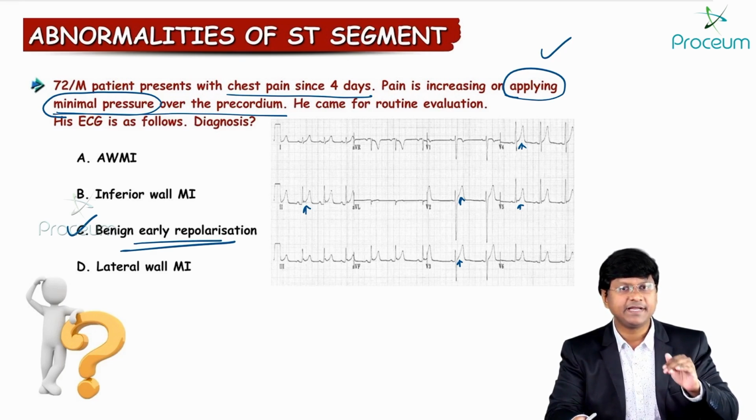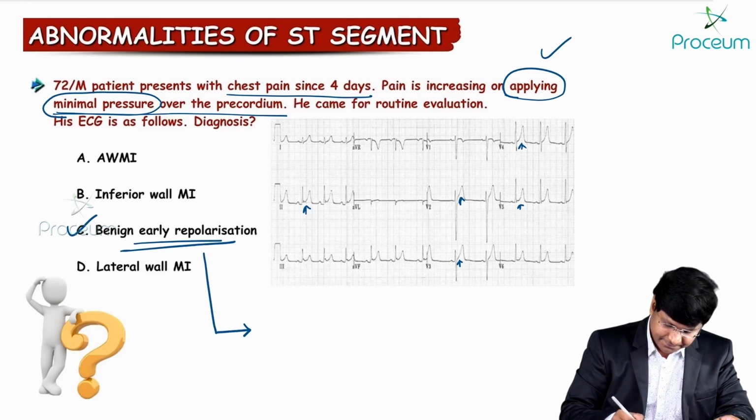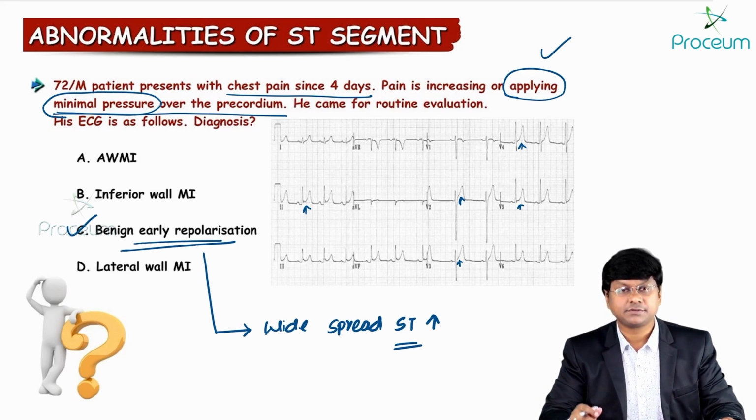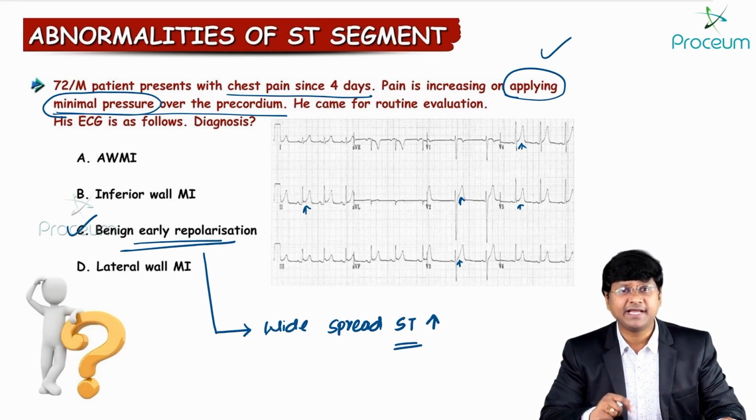See, benign early repolarization produces widespread ST segment elevation that may mimic pericarditis or acute myocardial infarction. And this is a benign condition.